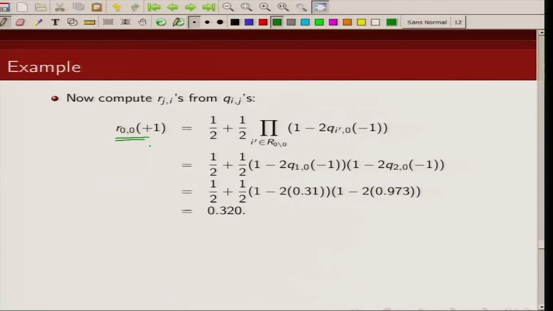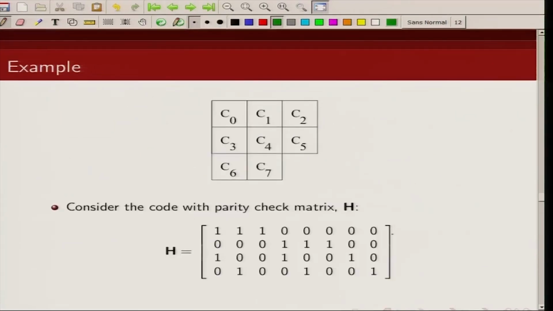So, let us look at the H matrix for the first row. So, this is R0. R0 is 0, 1 and 2. So, given that this bit is 0, what we want to find out is the probability that the sum of these two adds up to even parity, and that is what we are doing here.